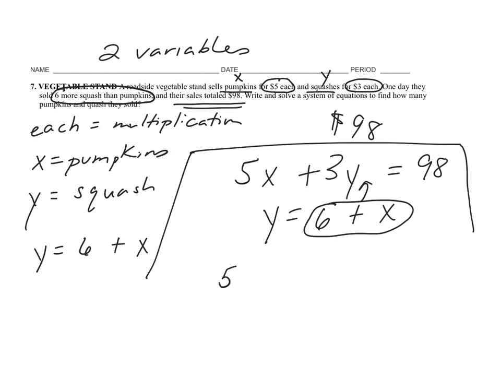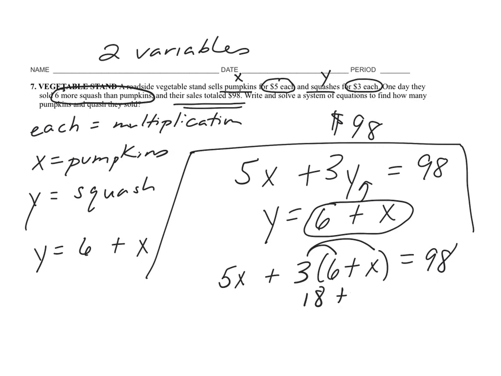So, if you have paper and pencil, you can do that now. Yep, so you got 18 plus 3x plus 5x over here. You have like terms on the left-hand side?